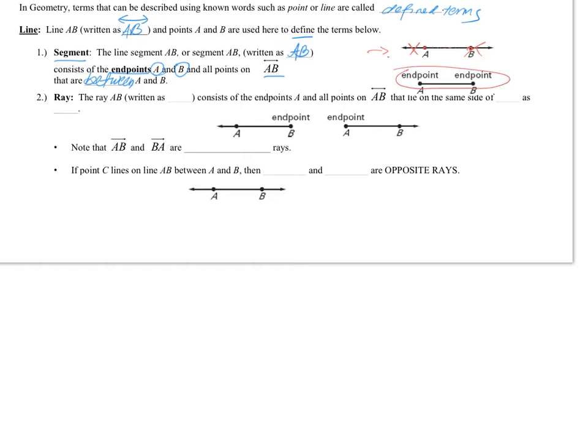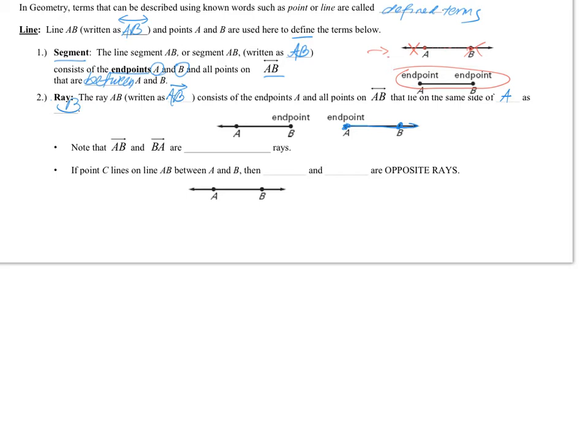And for the word ray, the ray AB, for example, is written as AB with a little arrow at the top. And this consists of the endpoint A and all the points on line AB that lie on the same side of A as B. So I'm talking about this one here.